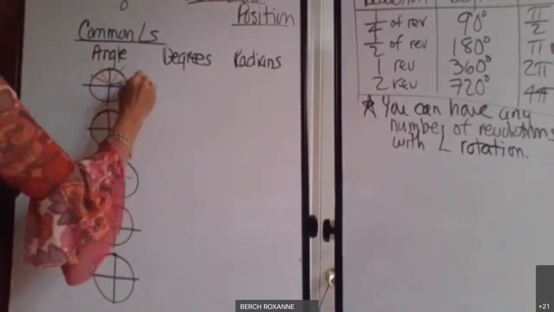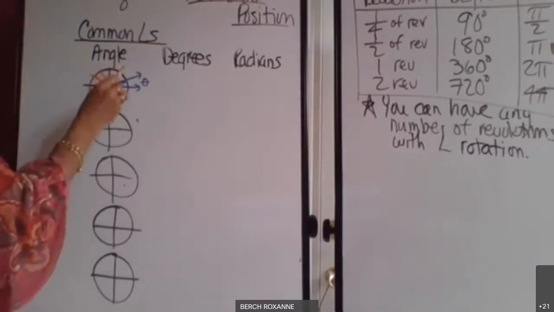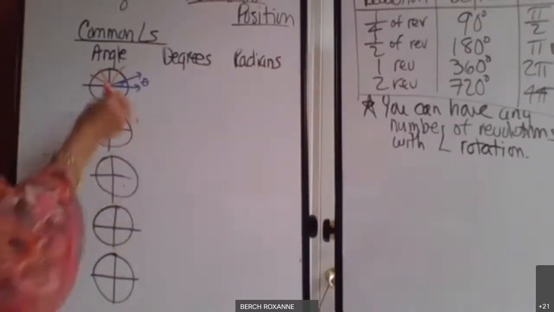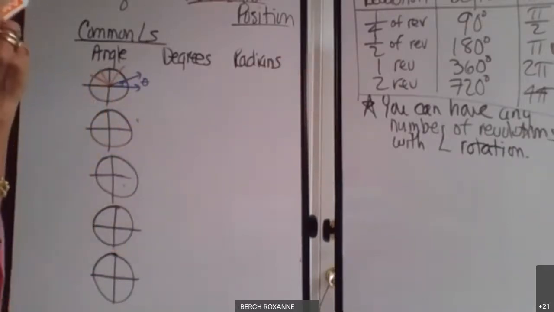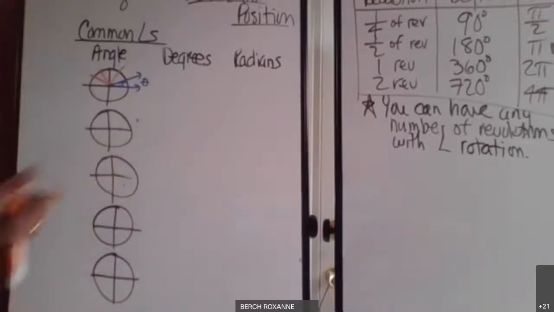Just that blue one? 1 radian? Okay, remember that 1 radian is this. That's 1 out of 6 parts. So 1 out of 6 parts is going to be your 30-degree angle.